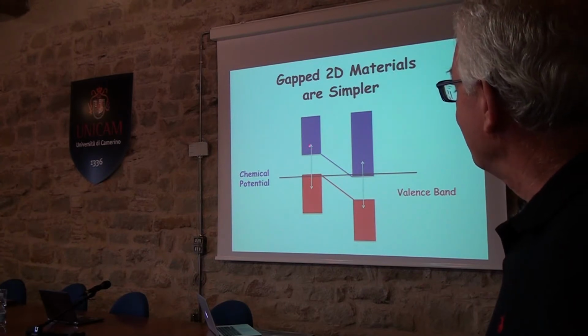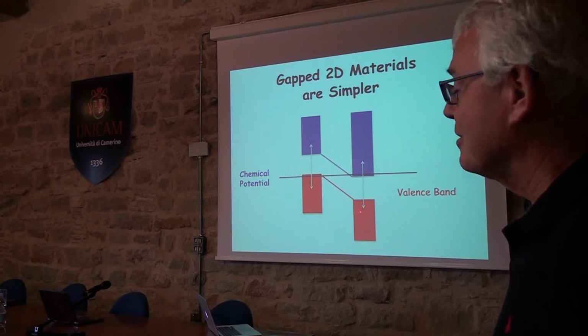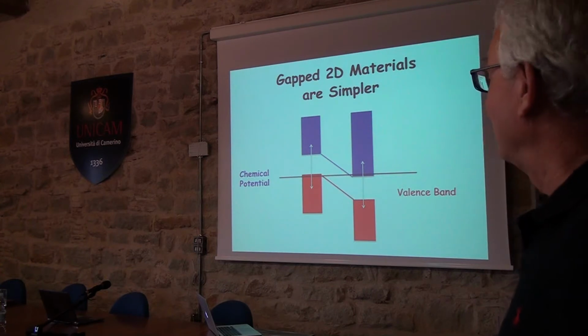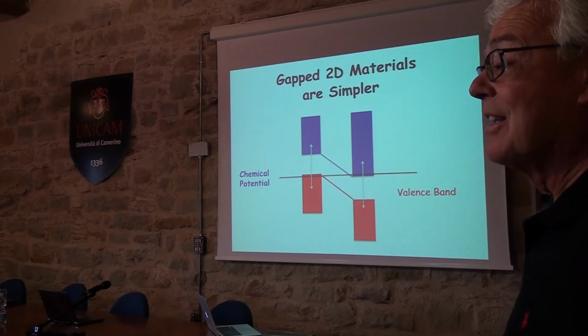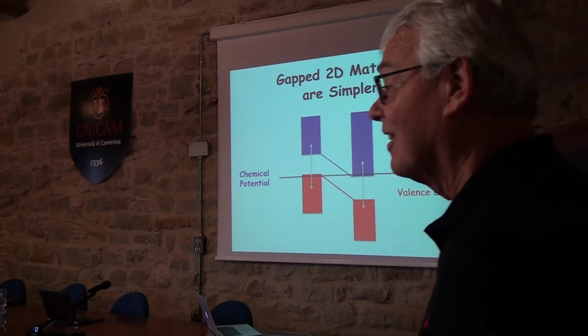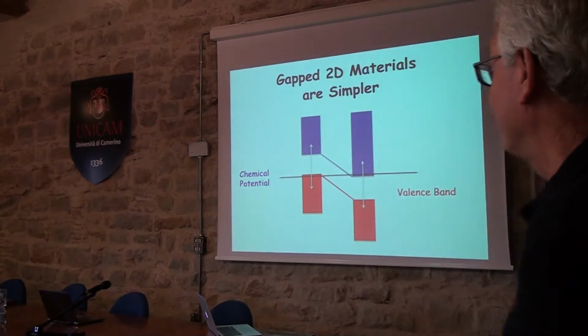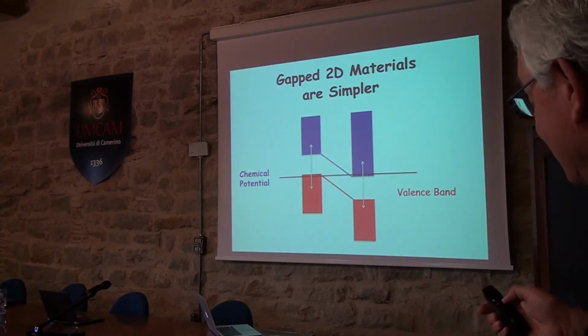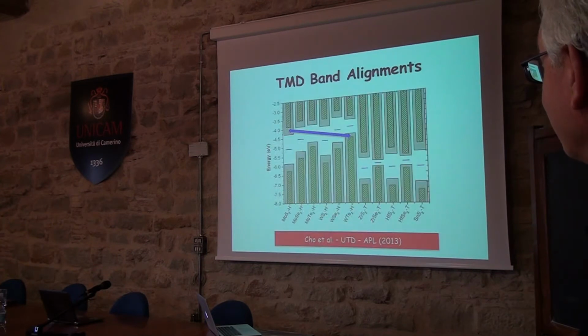And because there's an energy gap in the two-dimensional semiconductors on both sides, you can forget about these remote bands. And I think it's really these remote bands that are killing the possibility of forming this state in graphene.